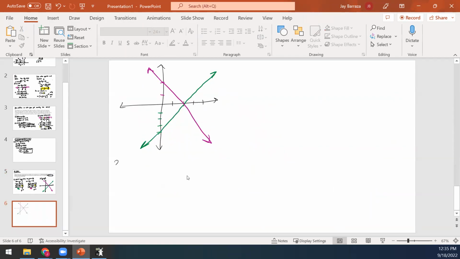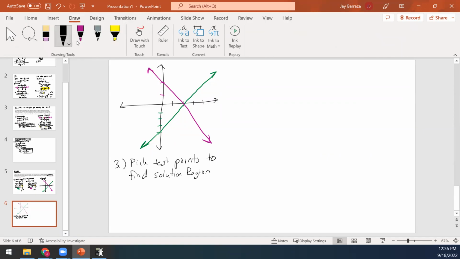So step 3 is pick test points to find solution region. Okay. So I am going to pick 0, 0 right here.